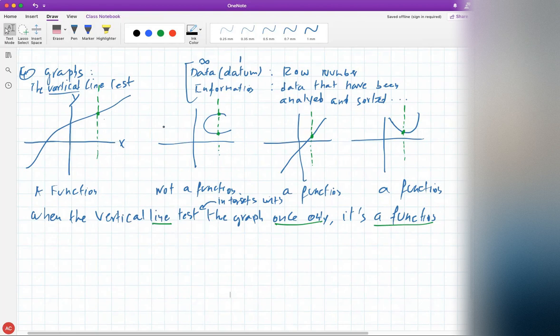But if you don't understand it, you could be looking at it all day and you wouldn't know the answer. You wouldn't even understand the question when I say, is this a function or not? So please let me know if there are any questions.